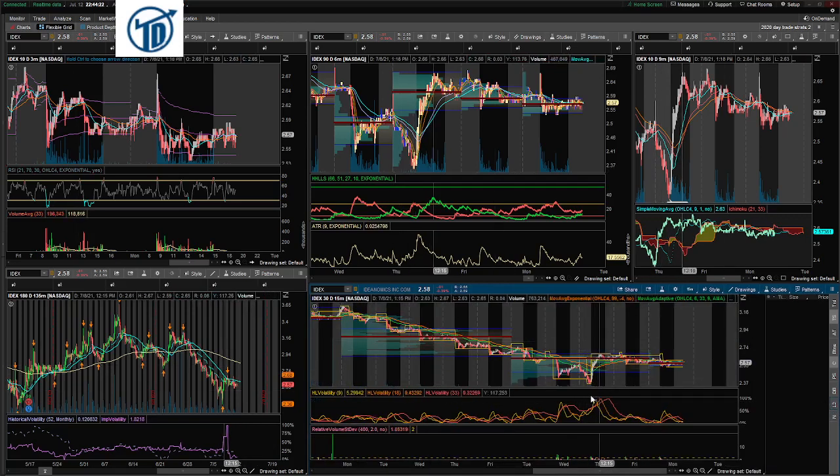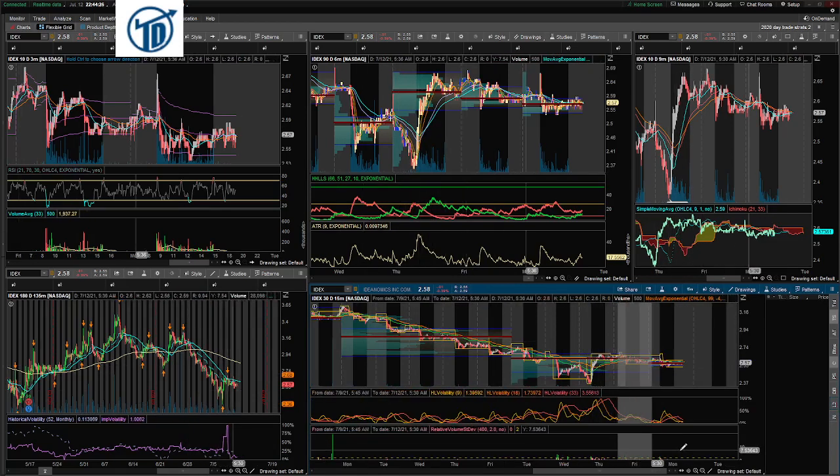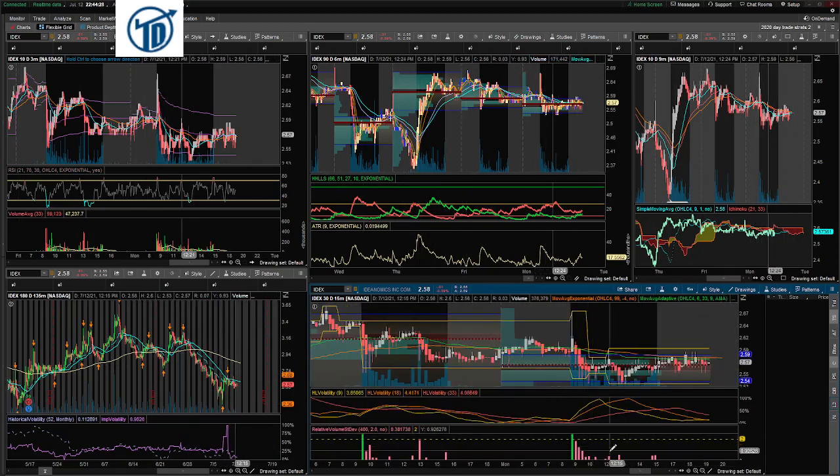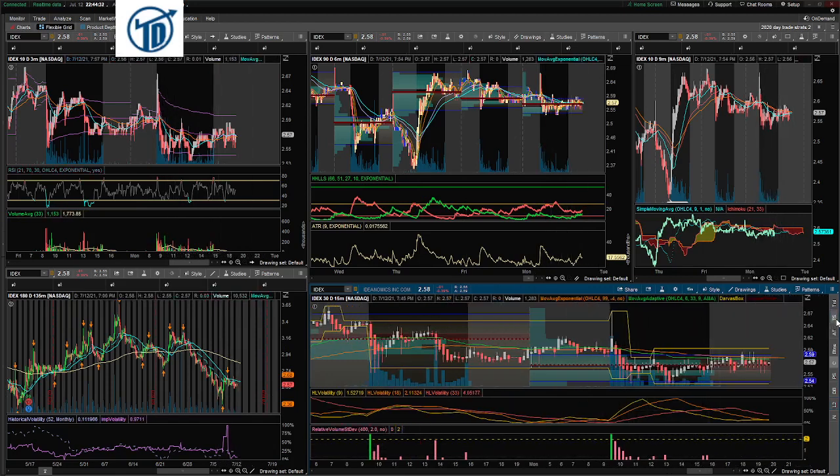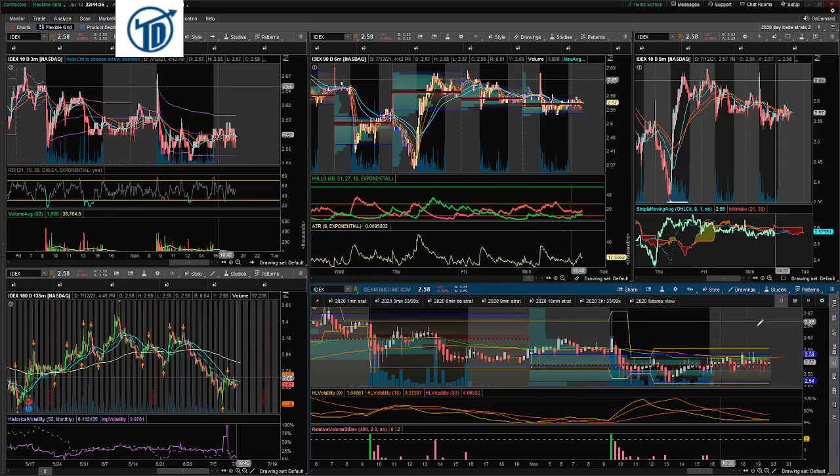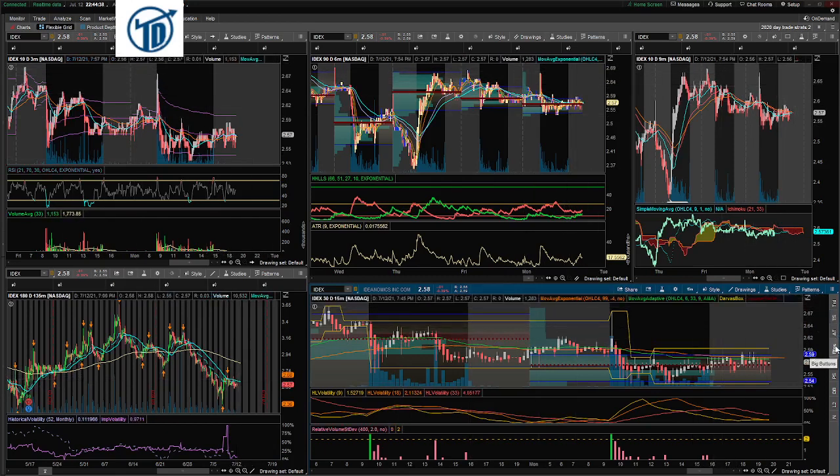Something I would like to add is the relative volume, because I do want to know what the relative volume is here. So this chart is an active chart, an active trader chart.